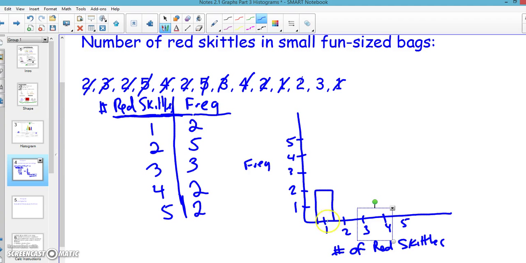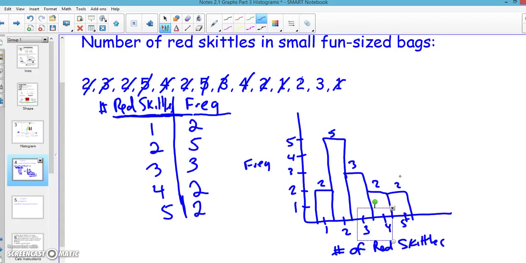So 1 red Skittle happened twice, 2 red Skittles happened 5 times, 3 red Skittles happened 3 times, and then 4 and the 5 both just happened twice.